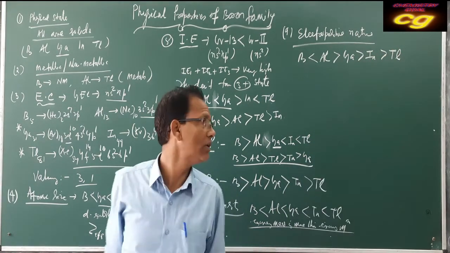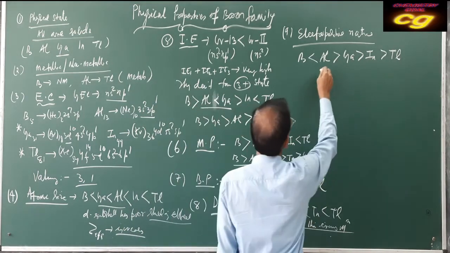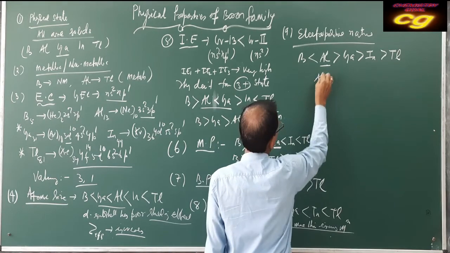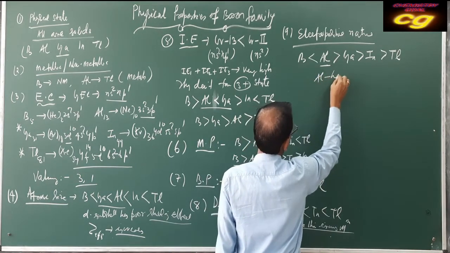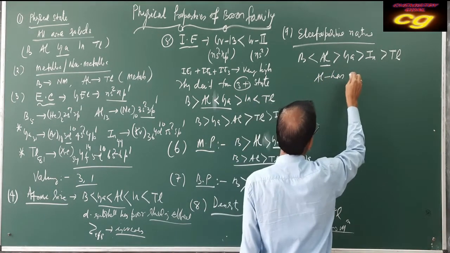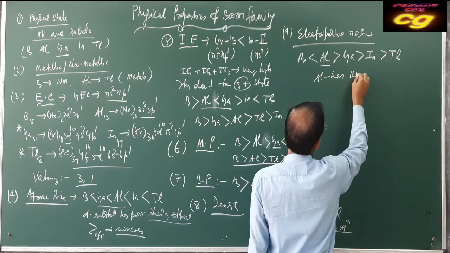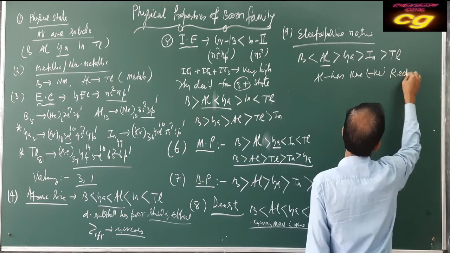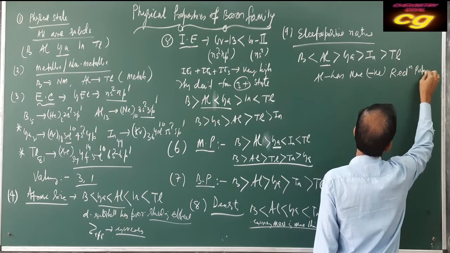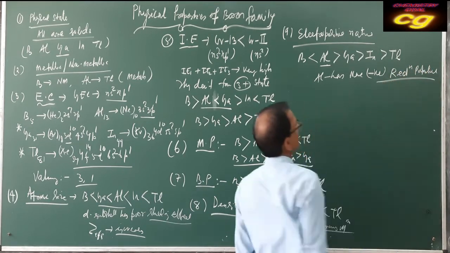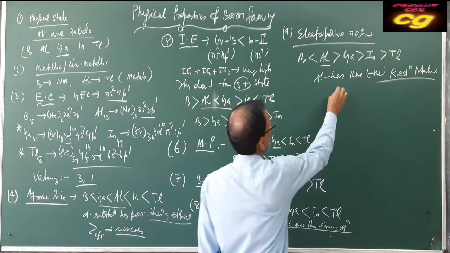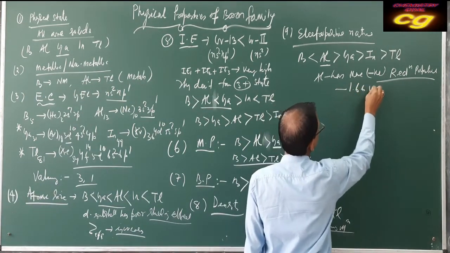Here the maximum electropositive character is aluminium, because aluminium has a more negative reduction potential. The reduction potential is more negative for aluminium, that is minus 1.66 volt.